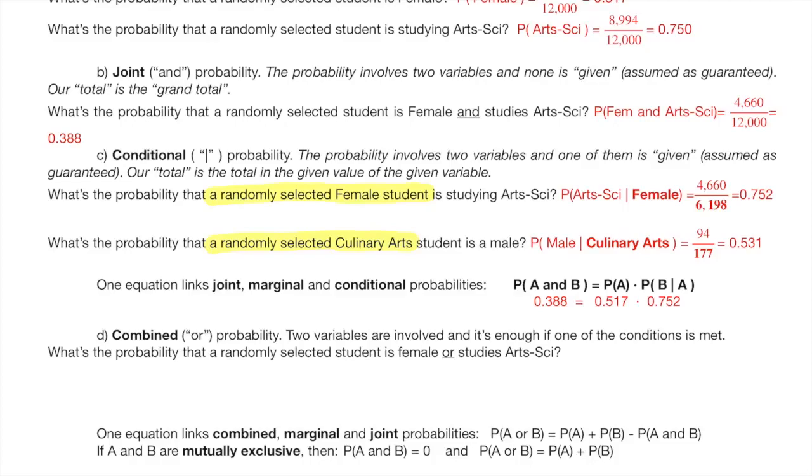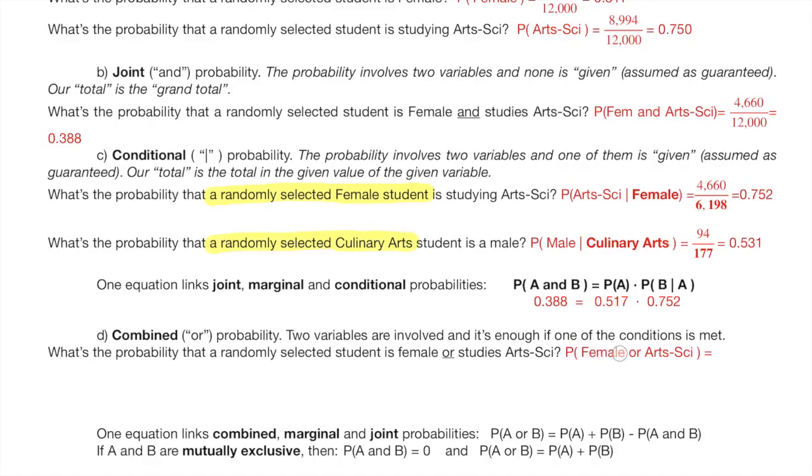The last type of probability that we study is commonly called combined probability. What's the probability that a randomly selected student is female or studies art sciences? Here we involve both variables, program and gender, but we don't need both conditions to be true simultaneously, like in the joint probability.